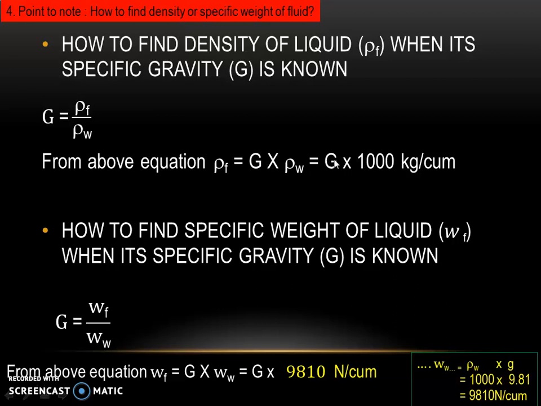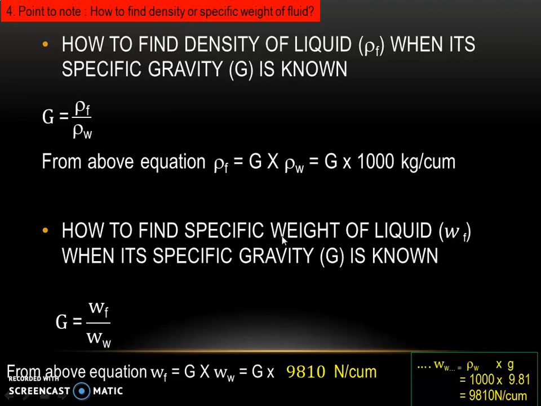Substitute that value here into rho W. What is rho W? That is density of water, which is equal to 1000 kg per cubic meter. So, this is how we find density of fluid knowing the value of specific gravity.